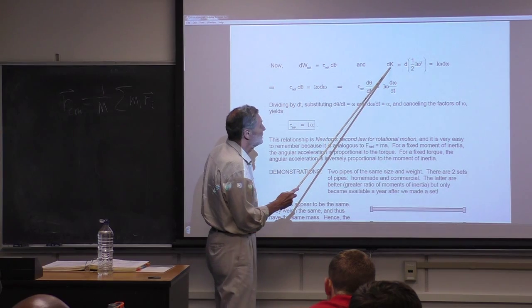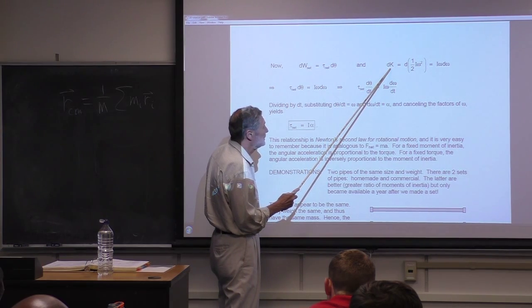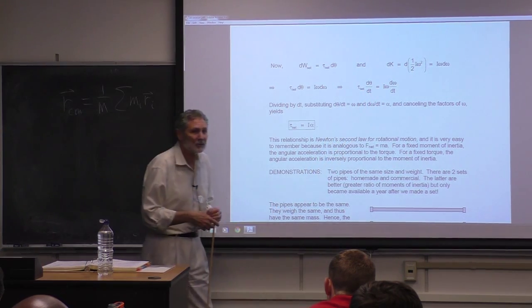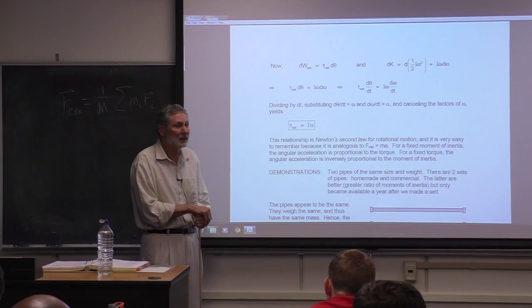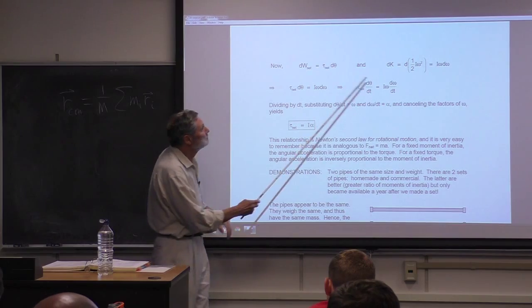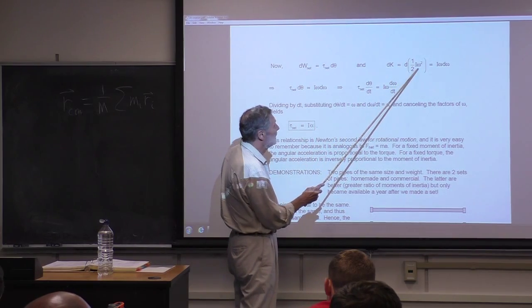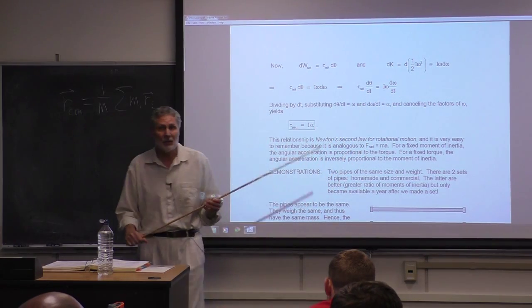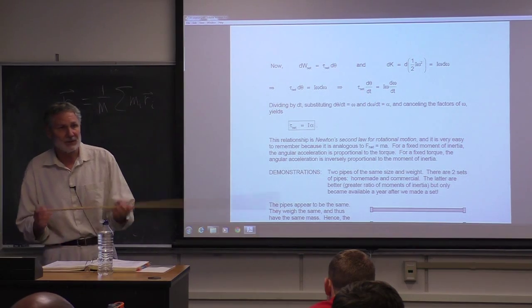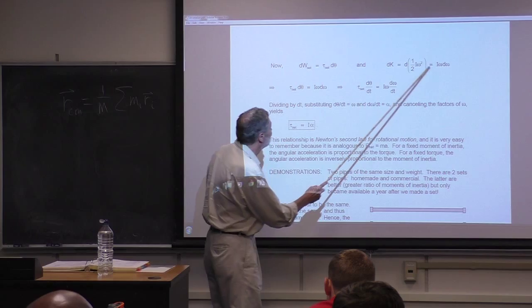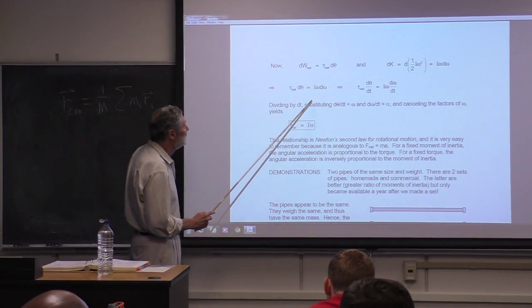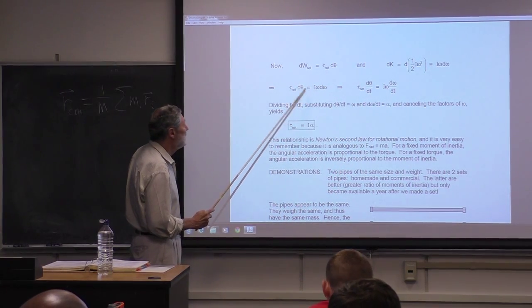The differential change in kinetic energy: the kinetic energy is 1/2 I omega squared, right? Which is really easy to remember because it's analogous to 1/2 mv squared. So we take a differential of this. For a rigid body, the moment of inertia about the axis is not changing, it's just constant. We get this, and now we set these two things equal, all right?